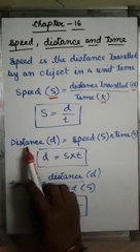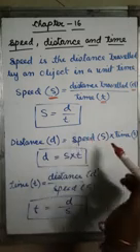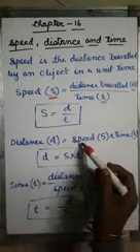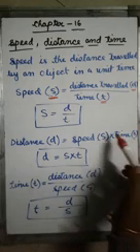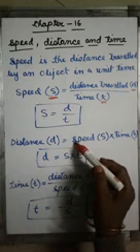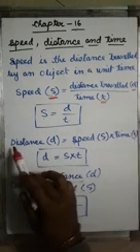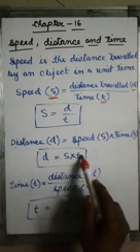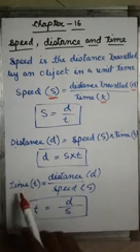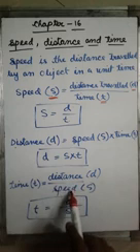The same way, if we have to find the distance covered in a particular time, it is speed into time. Speed is s, time is t. The first letter of the word speed s, time t, distance d, d equal to s into t. If we have to find the time, that is equal to distance traveled divided by speed.